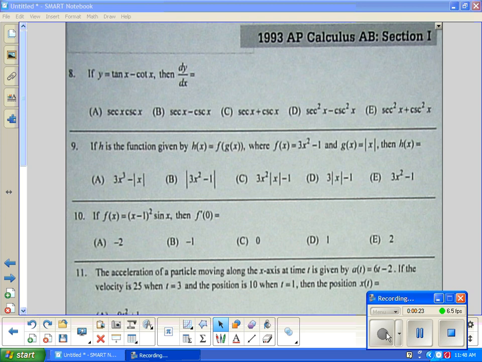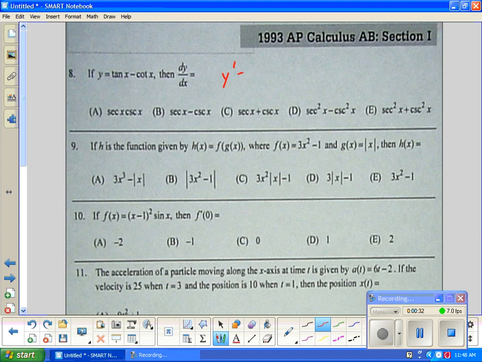All right, now what has to catch you right away is we should know off the top of our head the derivative of tangent is secant squared, right? So I would just write y prime equals secant squared x. I'm going to stop right there. And when I'm doing multiple choice, I can quickly say I'm not going to screw up these all in 5 seconds.